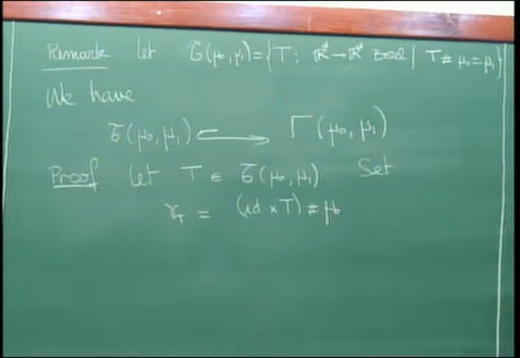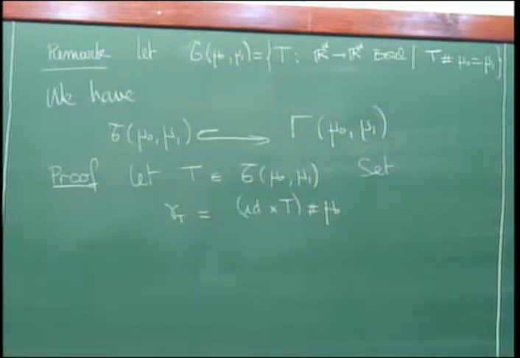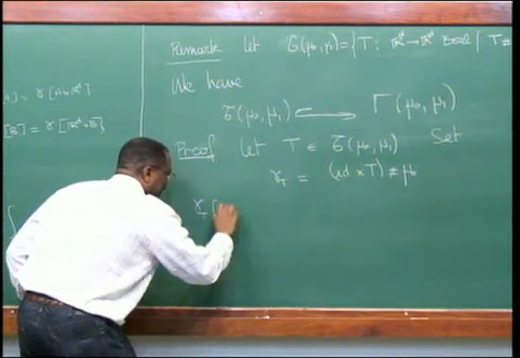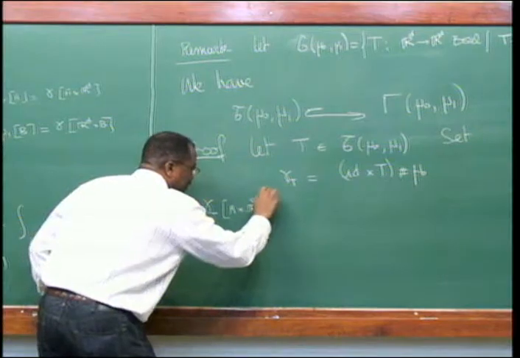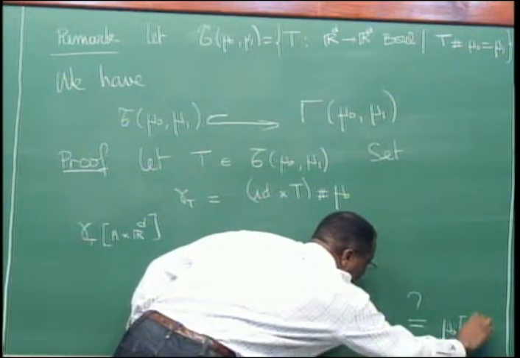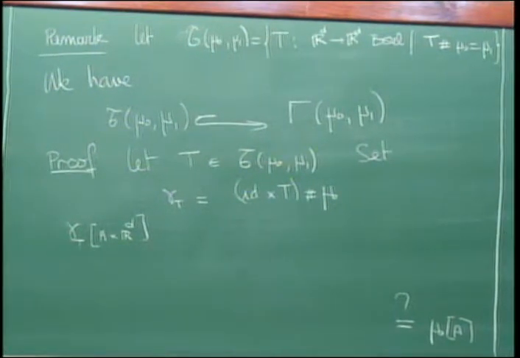Let me check that this gamma T has mu naught and mu 1 as marginals. Gamma T of A cross Rd, I want to know if it is mu naught of A. And then I will do the same thing, gamma T of Rd cross B. I want to see if it is mu 1 of B. So let me use the definition of push forward.